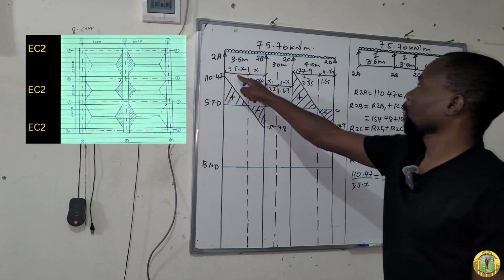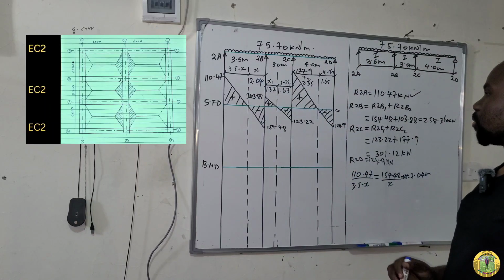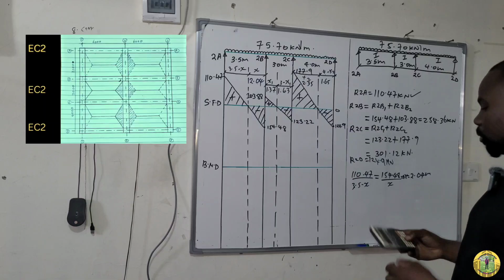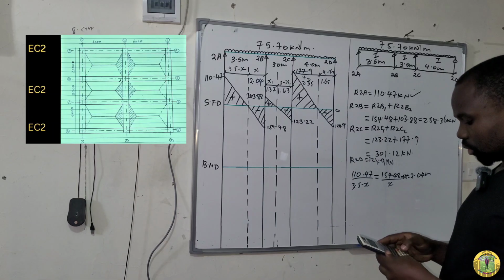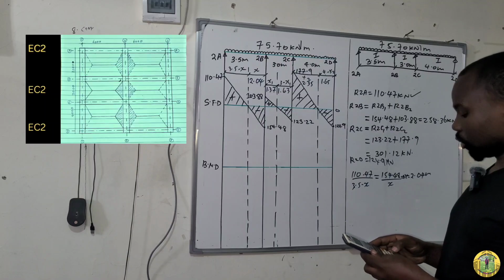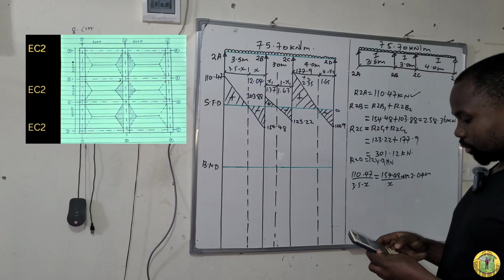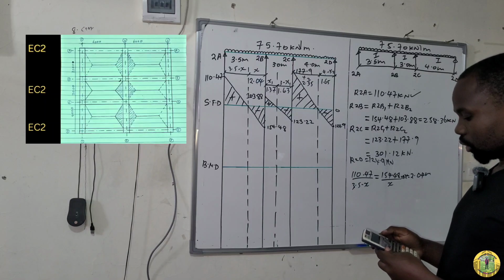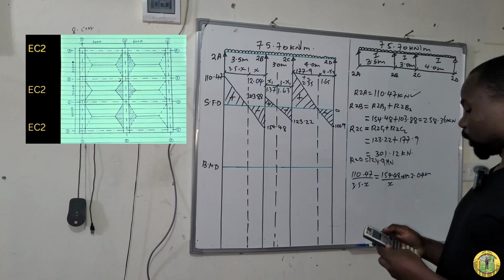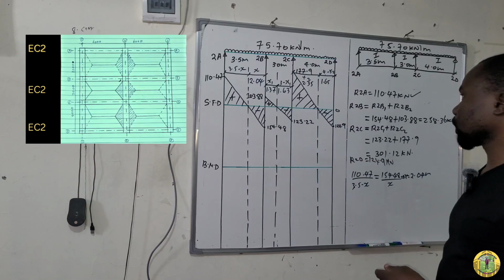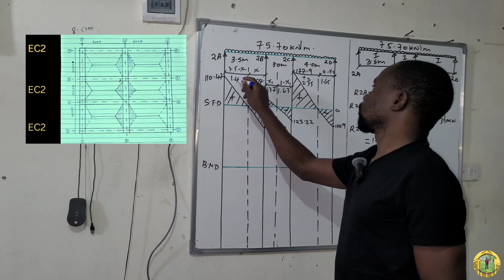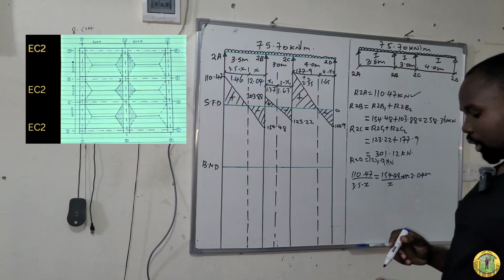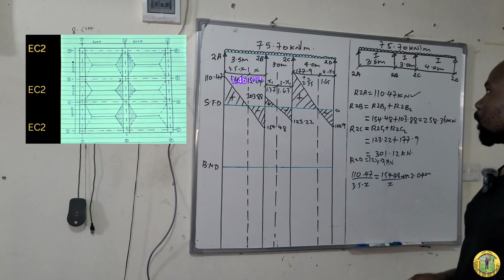And then here is 3.5 minus 2.04, which is 1.46 meters, like that. And then we proceed to the other spans.